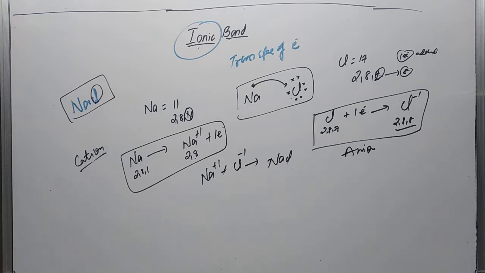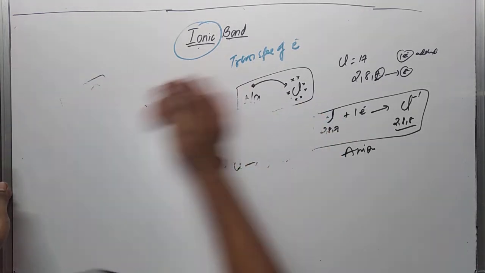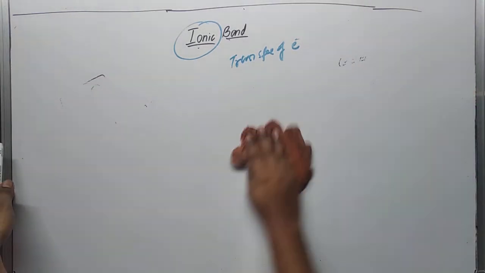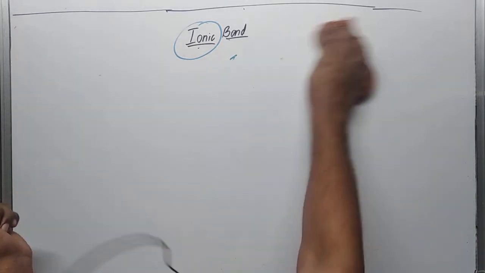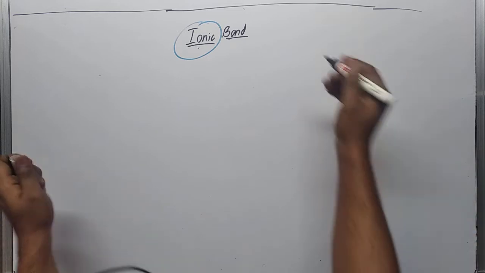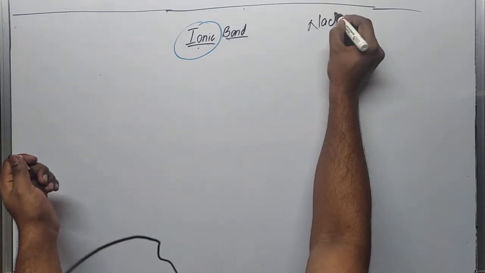Okay, so this is the first example, and the next example we have is MgCl2. In MgCl2 we have magnesium and chlorine. The first example, NaCl, is very important and it asked for 4 marks in the previous year exam. So the first one we have finished.